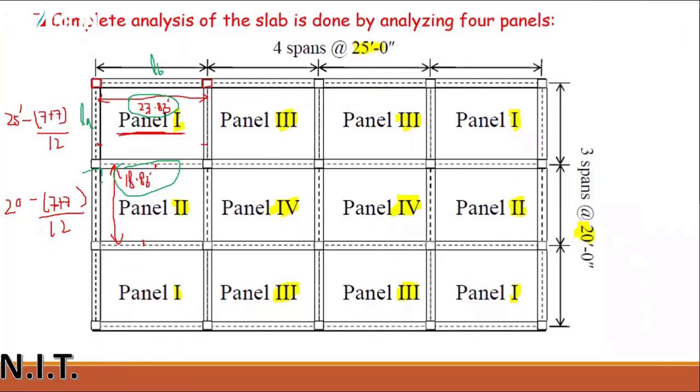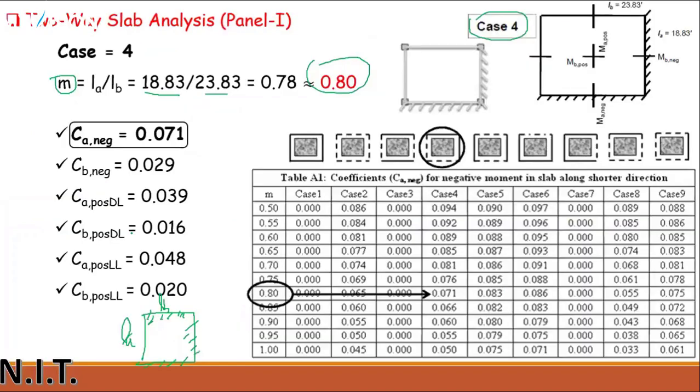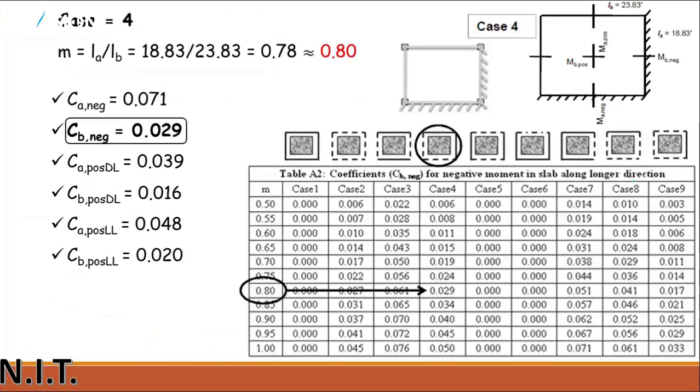One LA side is discontinuous, so match it with one LA side discontinuous. Find it. Case 9. This LA side is discontinuous. LB, two sides are continuous and one LA side is continuous. As you can see, it is matching with this. So it is case number 9. It is not case number 8.